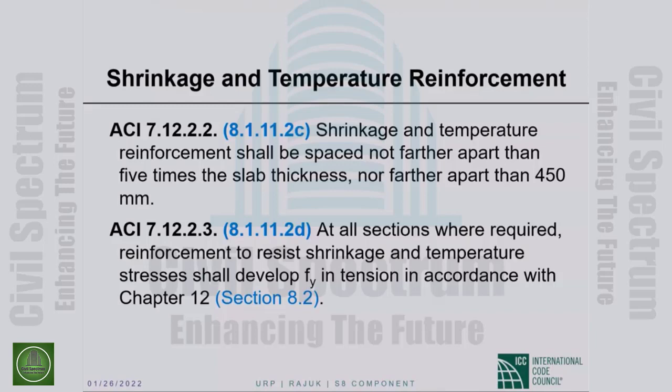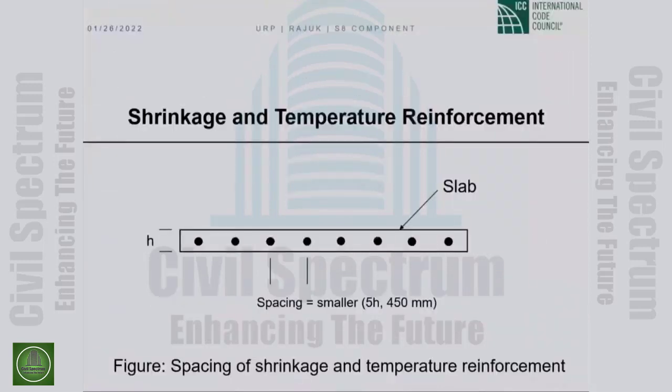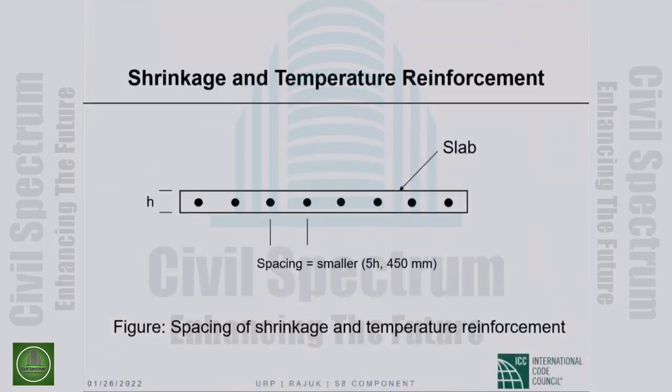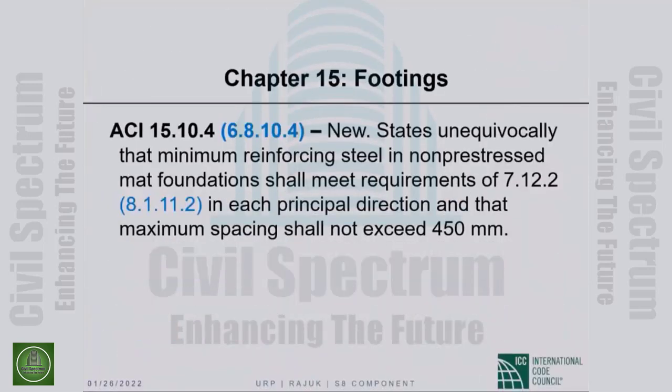And on this reinforcement, when you splice it, you cannot take the As required over As provided reduction. Because of that, full yield strength has to be developed. So this is the spacing of shrinkage reinforcement, 5 times the thickness, but no more than 450 millimeters.